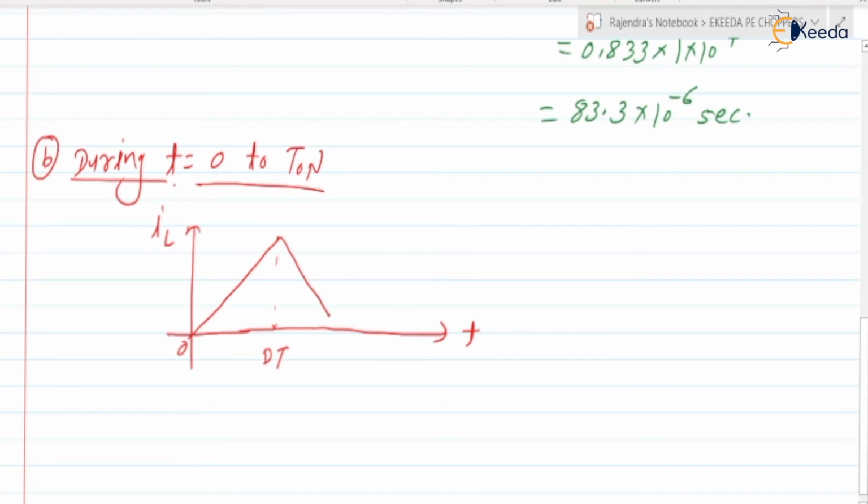After dT to T, it will be decreasing. Again after this it will be increasing. So it is like an I max.